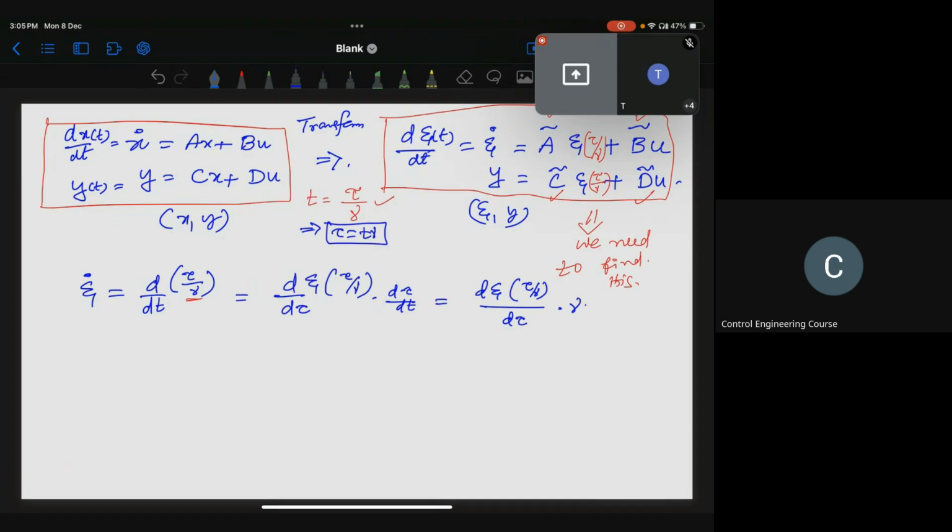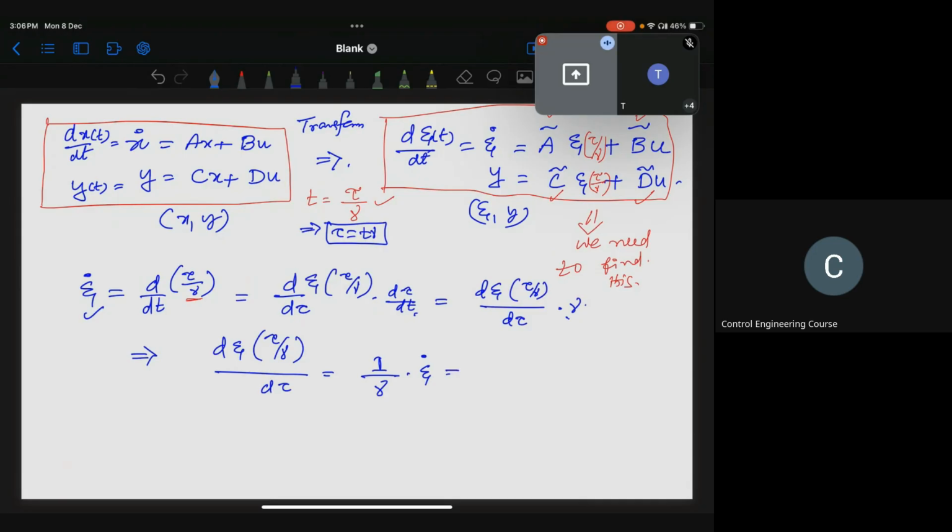Because you are doing it with respect to t. So from here we can write d zeta of tau by gamma by d tau is equivalent to, bringing this gamma to the other side all the way, 1 by gamma times zeta dot.